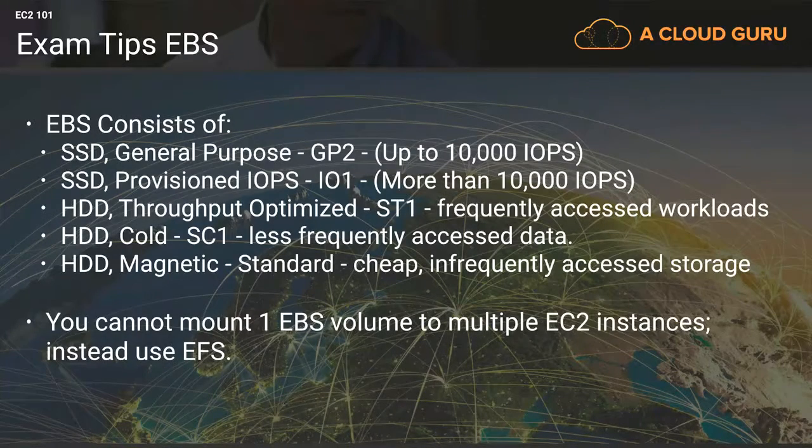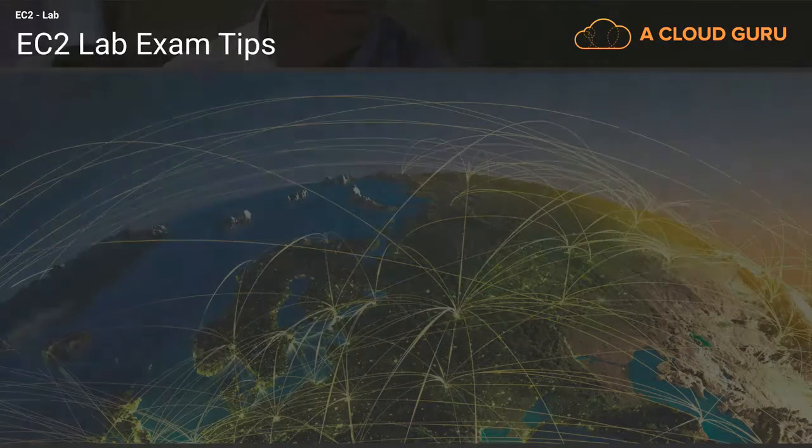Also remember, you cannot mount one EBS volume to multiple EC2 instances. If you do need to share data between instances, you probably want to use EFS or maybe use S3 and attach a role to those instances so they can access that S3 bucket.